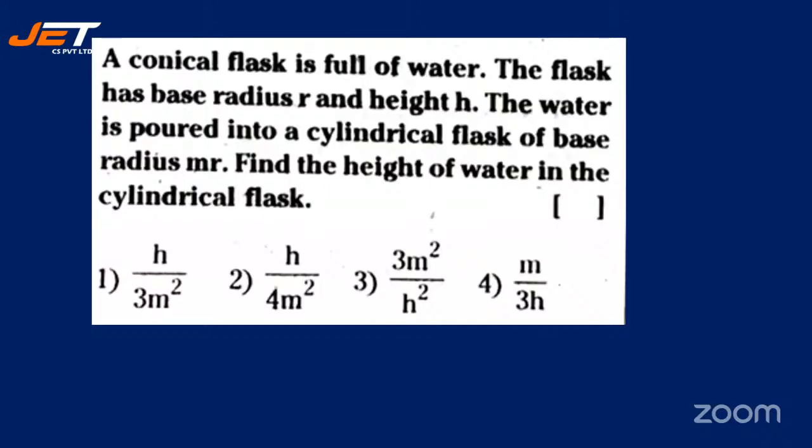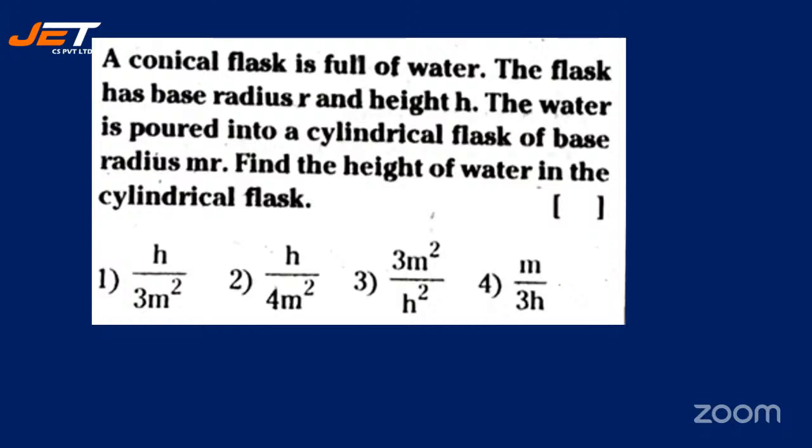A conical flask is full of water. The flask has base radius r and height h. The water is poured into a cylindrical flask of base radius mr. Find the height of water in the cylindrical flask. All right, so let me tell you the question again.